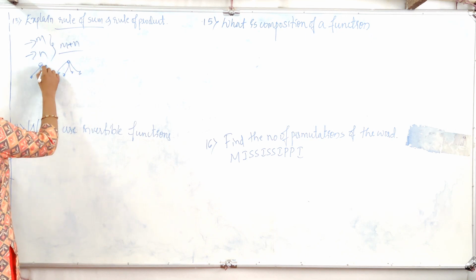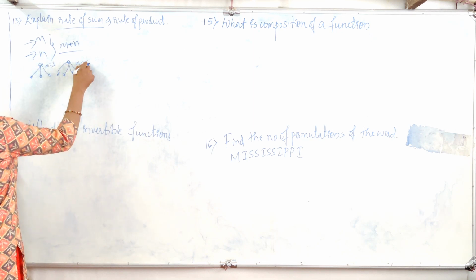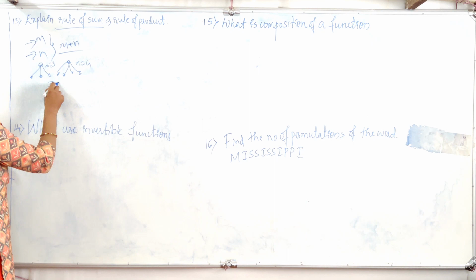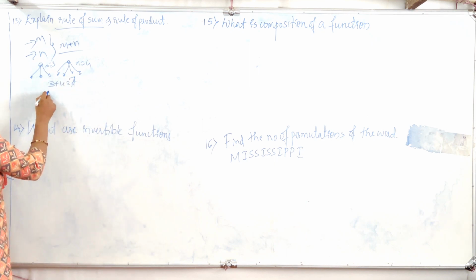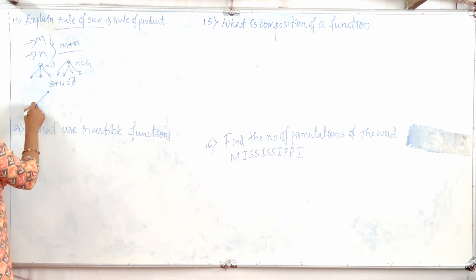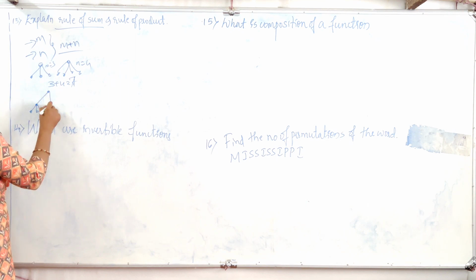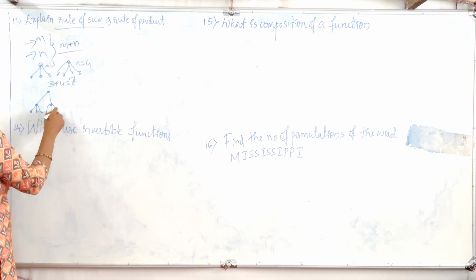If M is 3 and N is 4, then both can be performed in 3 plus 4 ways, that is 7 ways. So how to represent it? Like this, 3 and then 4.